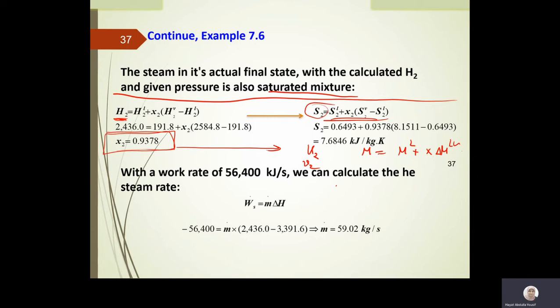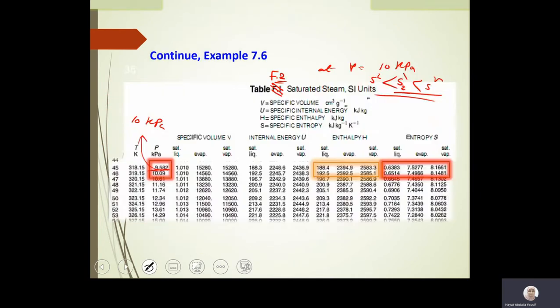And remember, in the question they ask for two things. One requirement was to define the state, and we already said it's a saturated mixture. The other was to find the mass flow rate. Remember, they give us in the question the amount of work, W dot, and if you remember, it was 56,000.